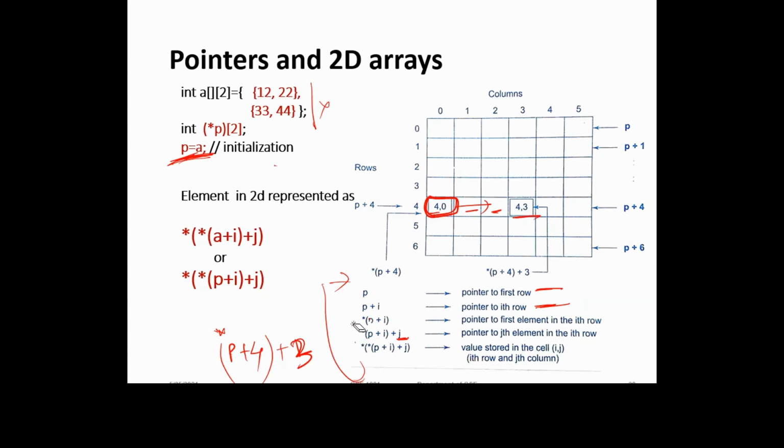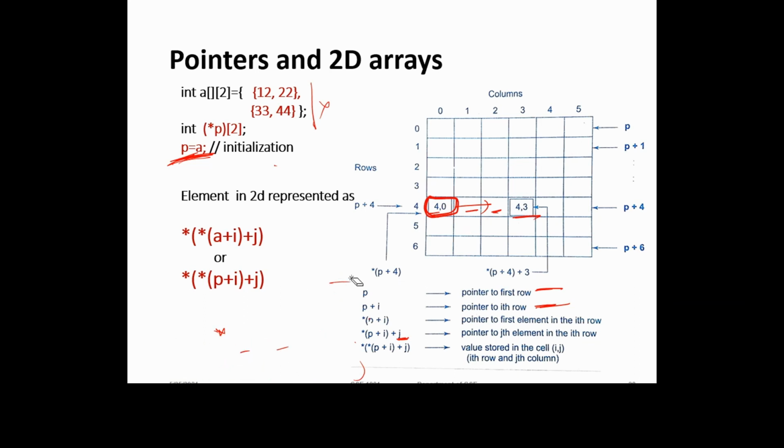So this will be the address of that element. Now, how can we access the value at that? You people know very well. It will be star here. We need to put a dereference operator here. So this is the address, and by using this dereference operator, we can access the value there.